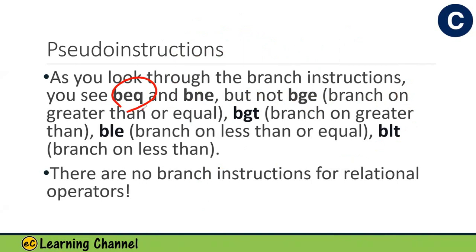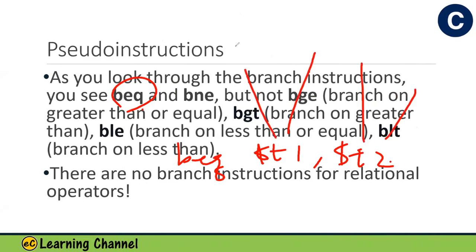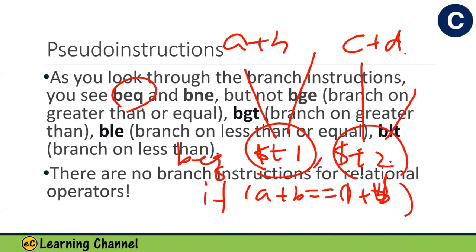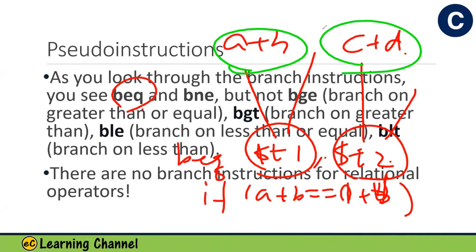For branch equal with target register 1 and target register 2, you have to trace back where the data comes from, say A plus B, C plus D, if you are trying to compare whether A plus B equals C plus D. Before you do the comparison, you need to make sure that your T1 and T2 registers are loaded with the right comparing operands or expression that you want.